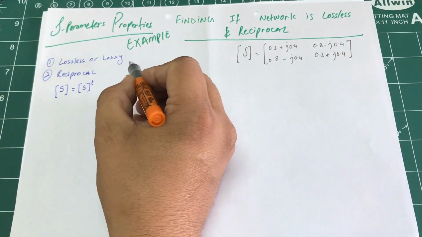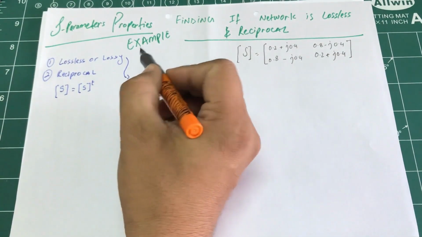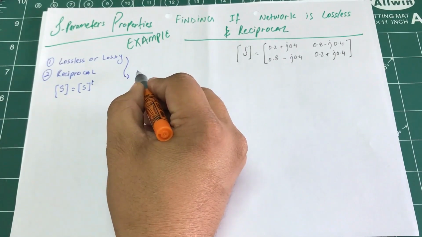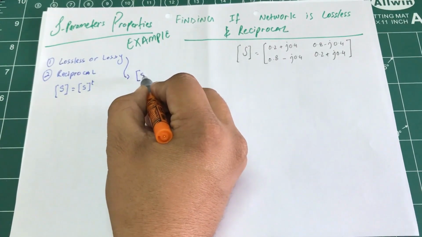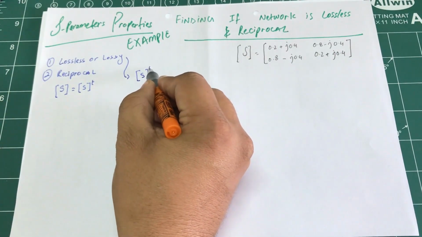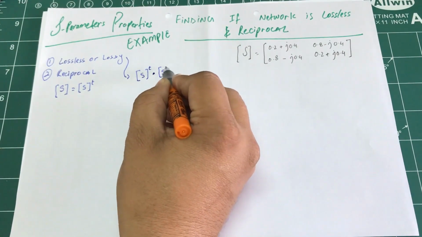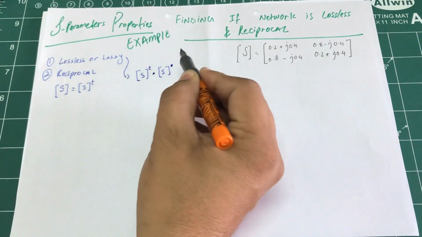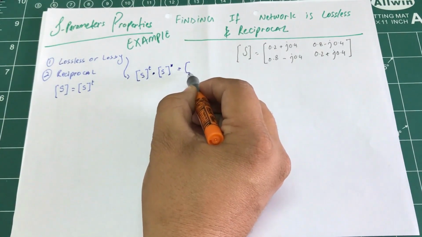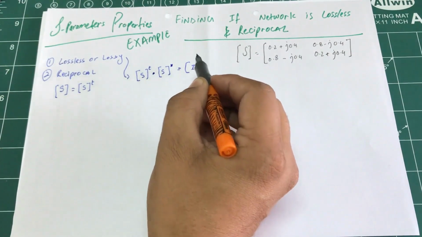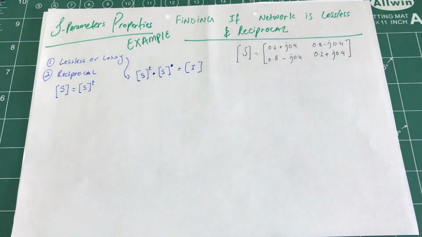In order for me to find out if my network is lossless or lossy, it needs to fulfill this condition. The condition is this: the transpose of this matrix, dot product with the conjugate of this matrix, should give me an identity matrix, or a unitary matrix.